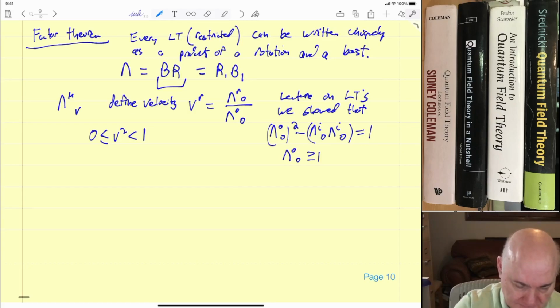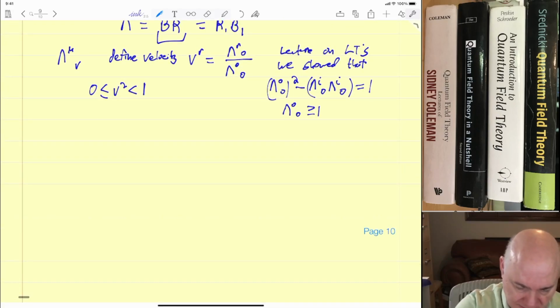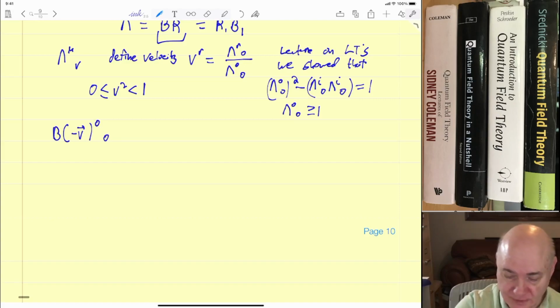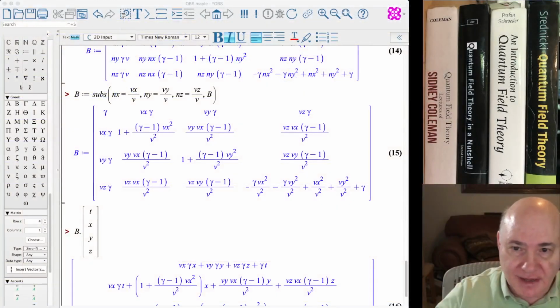I want to start by calculating some things like B. B is the boost matrix that we calculated earlier in the lecture. I want to look at the 0 0 component, and if we go back to that Maple sheet, you can see it's gamma.